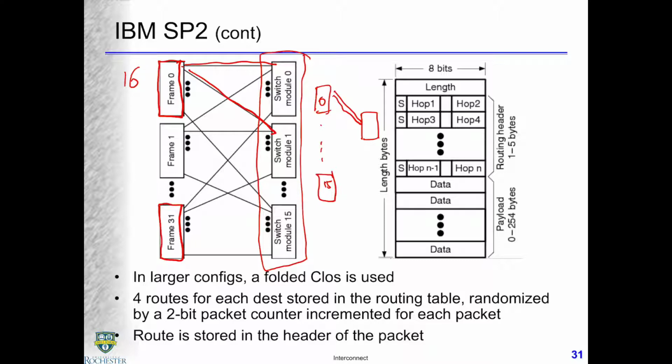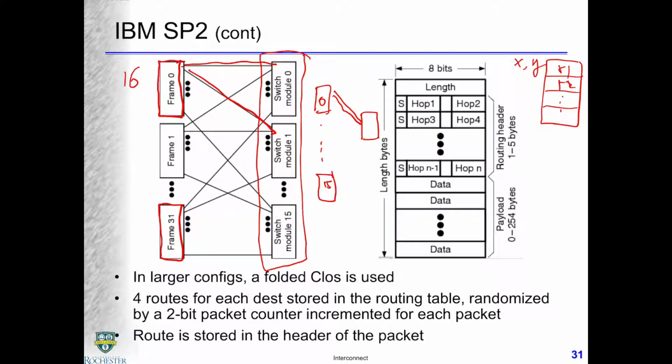And when you are routing, you do the following thing. This is a routing table. Well, we're not drawing the routing table. Routing table is somewhere. You check the routing table, and you would read 4 possible routes from the routing table. So if you're going from X to Y, here would be route 1, route 2, and so on.